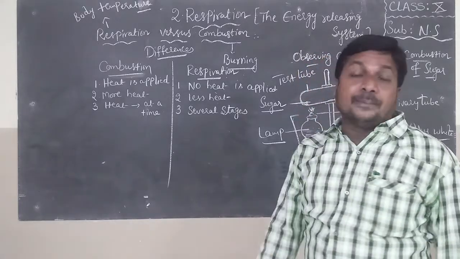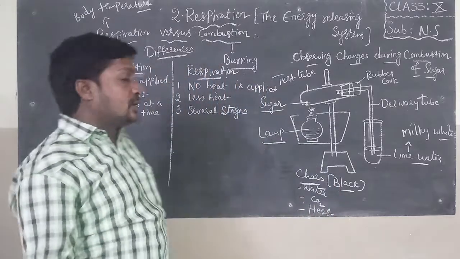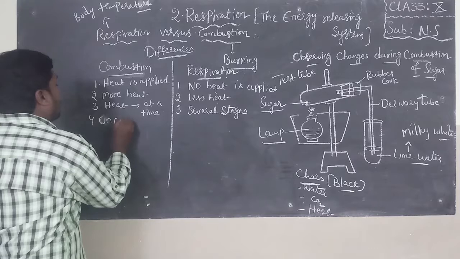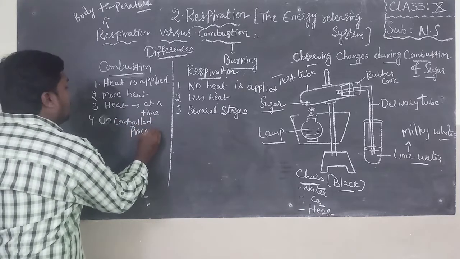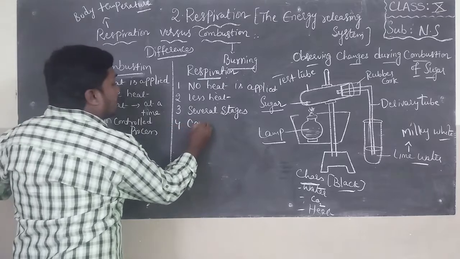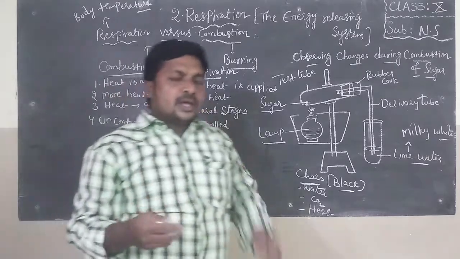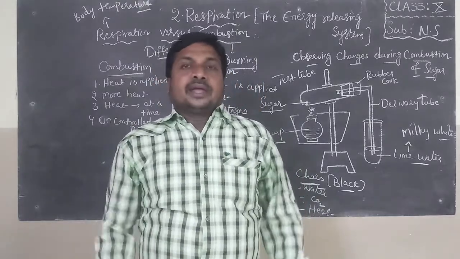Do you know combustion is an uncontrolled process? We cannot control combustion, so combustion is an uncontrolled process. Respiration is a controlled process. If you want to breathe, you can breathe; otherwise you can stop, like this. See, here I stopped breathing.